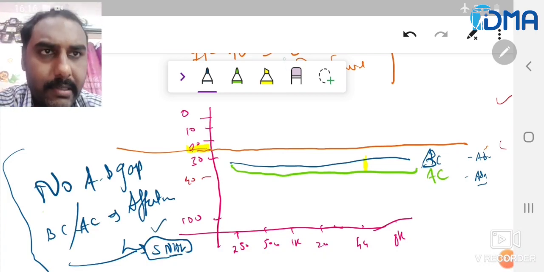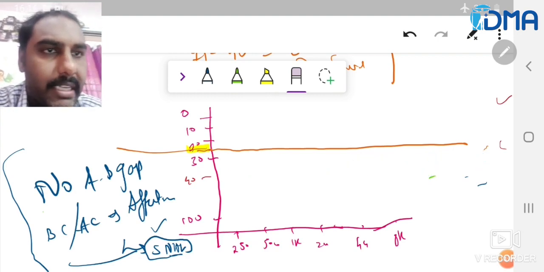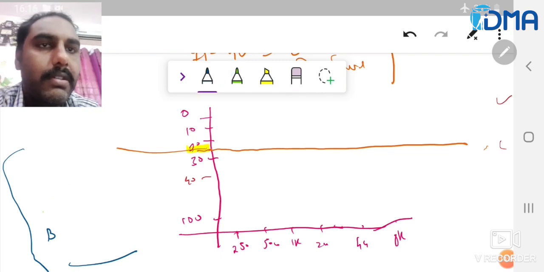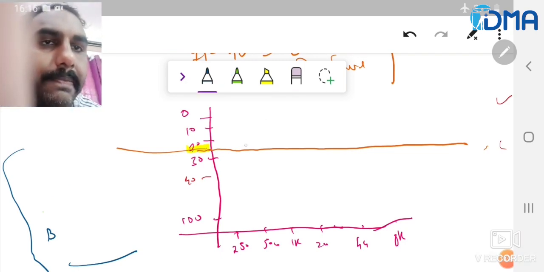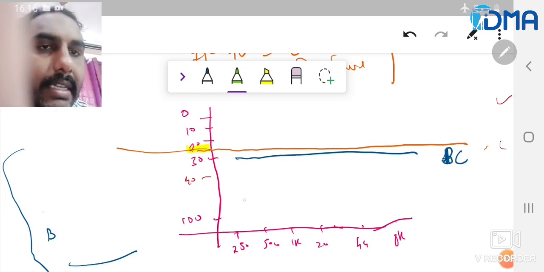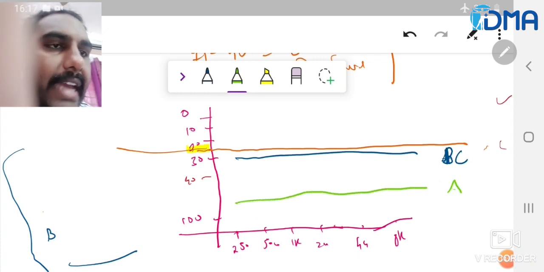Okay. So I will draw another audiometry. Consider this as the same graph now. Here I am drawing the bone conduction of the patient. And here I am drawing the air conduction of the patient.